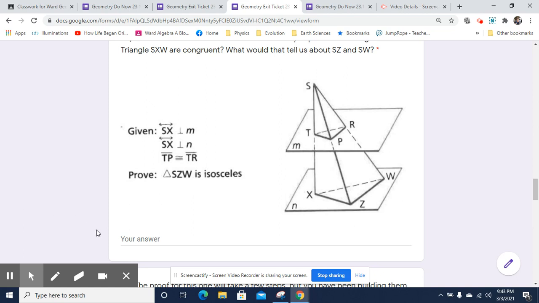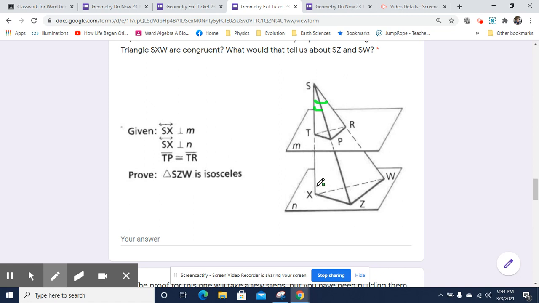All right, let's take a look at some things that we can say. We can say already that this angle here and this angle here are congruent, because we could prove that STP and STR as triangles are congruent by side angle side. So CPCTC tells us those angles are congruent.